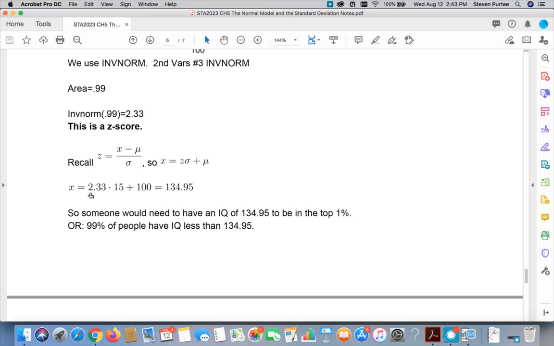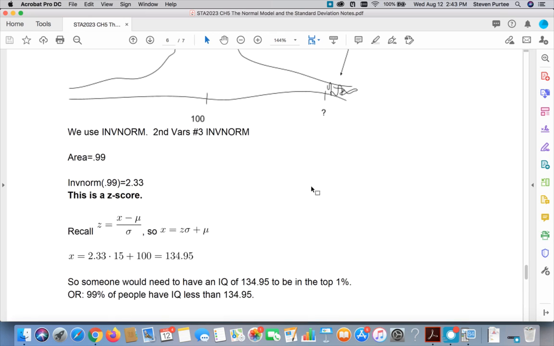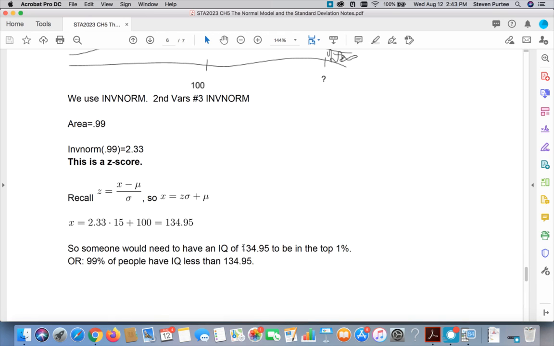The inverse norm just gave me my z-score, 2.33, times my population standard deviation, sigma, plus mu. I got 134.95. So in order to be in the top 1%, you would need an IQ of at least 134.95, or another way to say that is 99% of people have IQ less than 134.95.